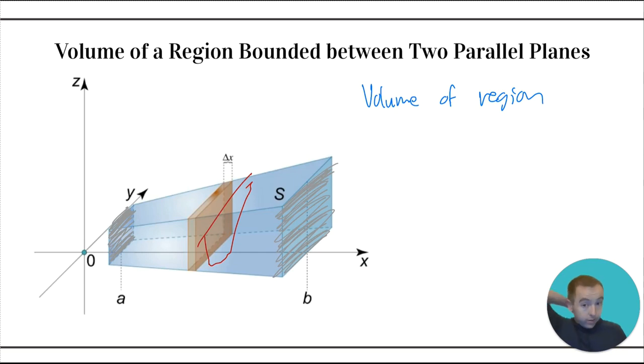So we're basically going to want to add up the volumes of each of those slices. Each of these slices is going to have a width that's a change in x, which is happening over the interval from a to b.